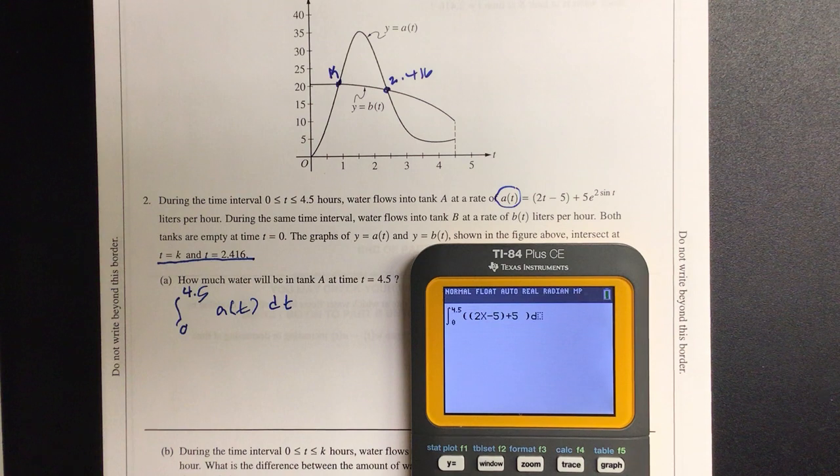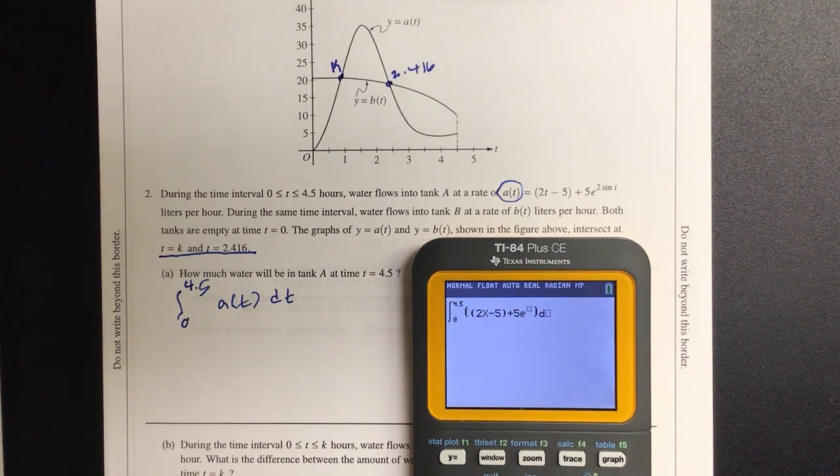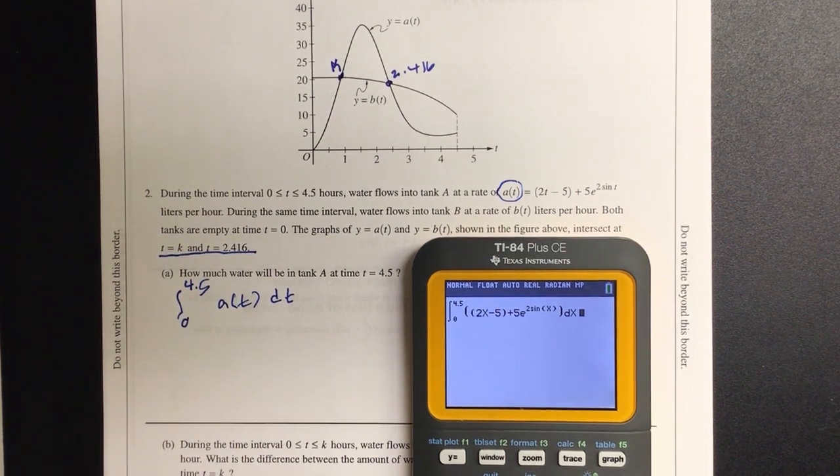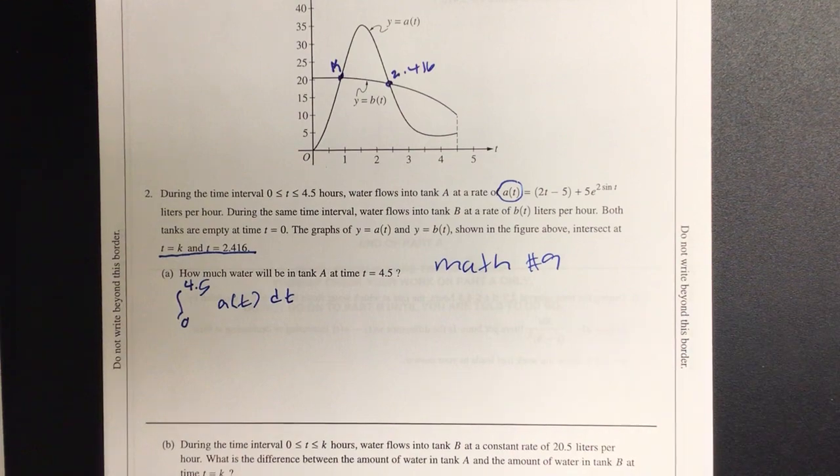Plus 5, and then my second natural log is going to give me the e, 2 sine of x. Let's close it, dx. And it should give me some positive value because we know it's everything above the x-axis.